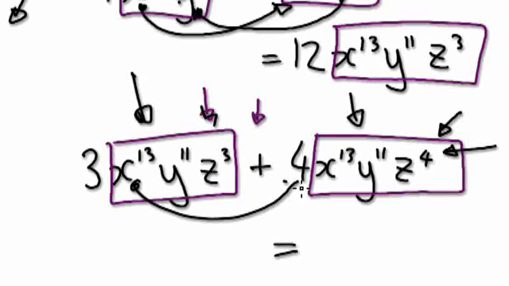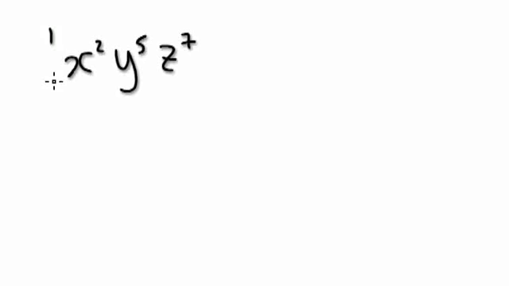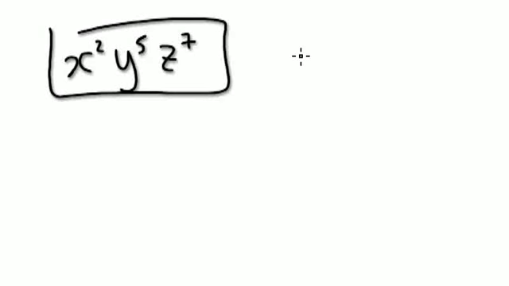So if you times the two, the x merges, the y merges, the z merges to create something new. Okay. So even if someone gives you something like x squared y to the 5, z to the 7, well, this is different from x squared y to the power 4, z to the power 7.